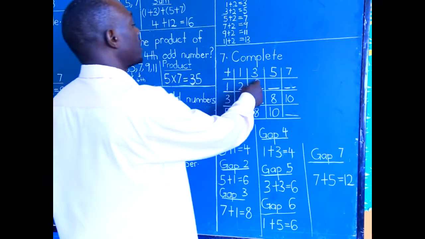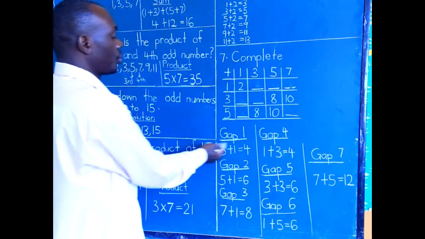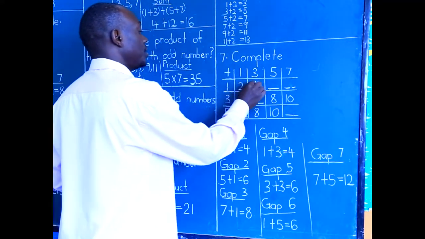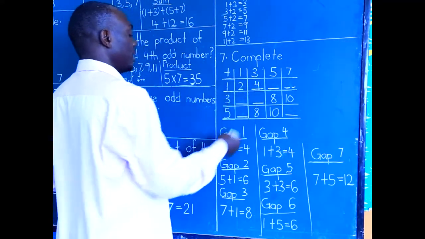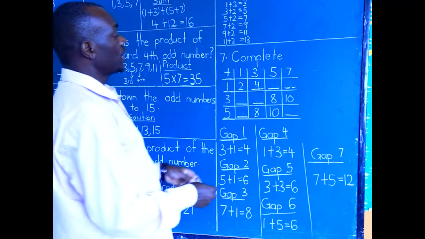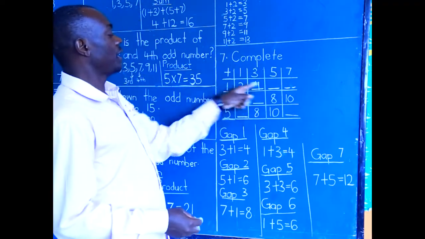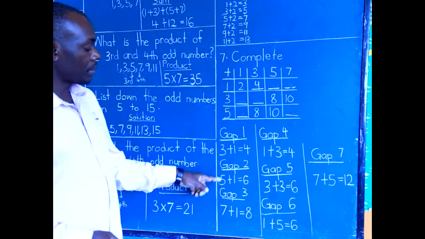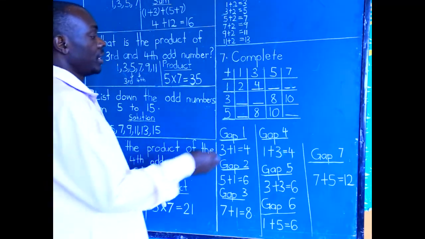Now, gap 1, I say it will be a 3 plus 1. Show the working. 3 plus 1 is equal to 4. Thereby filling it in properly. That is our 4, gap number 1. Now we go to gap number 2 to be a 5 plus 1. So that's gap number 2. 5 plus 1, you get a 6.